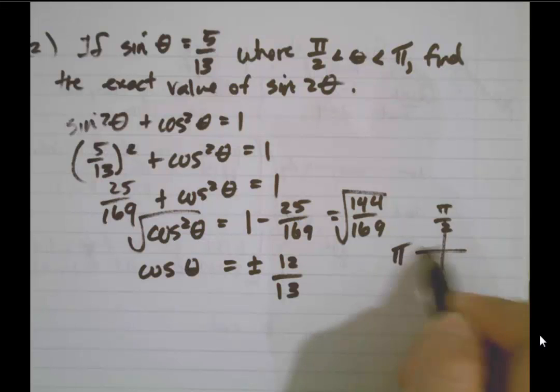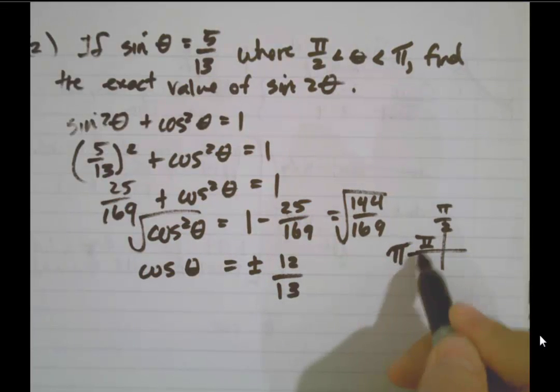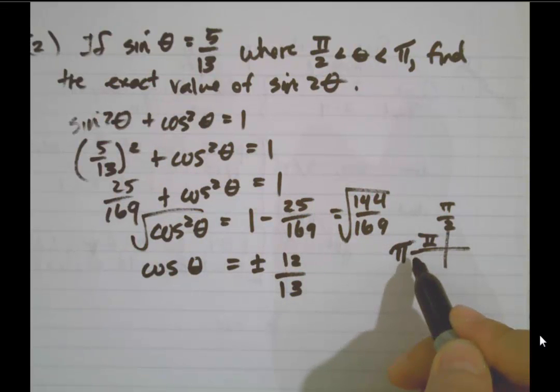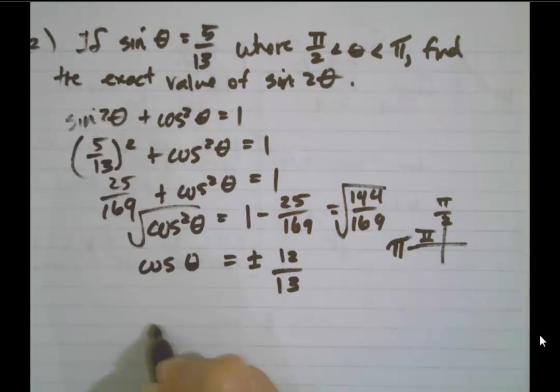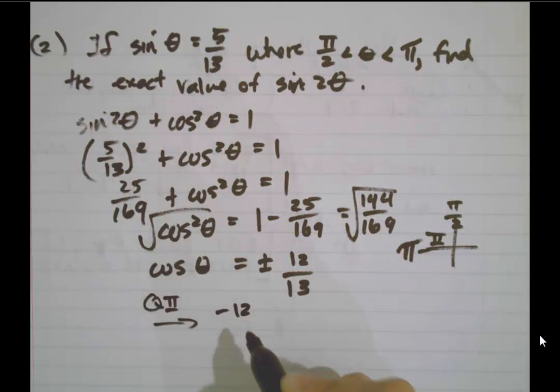So that means that cosine theta, which is the x-coordinate, is negative. So that means we want the negative value. So I want to write down quadrant 2, and so it's going to be -12 over 13.